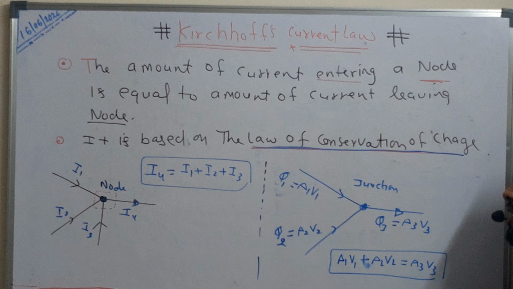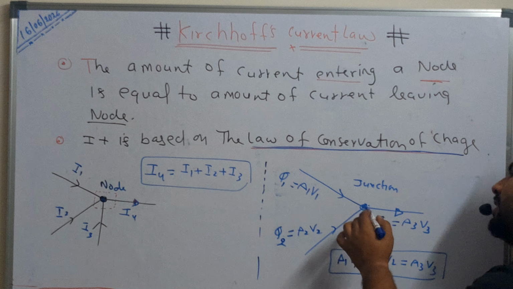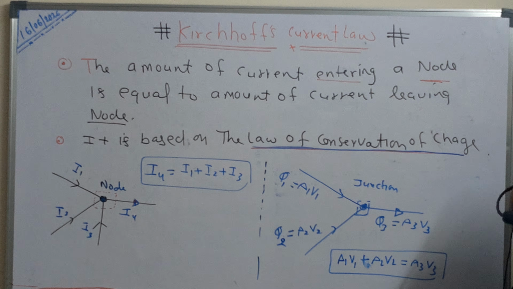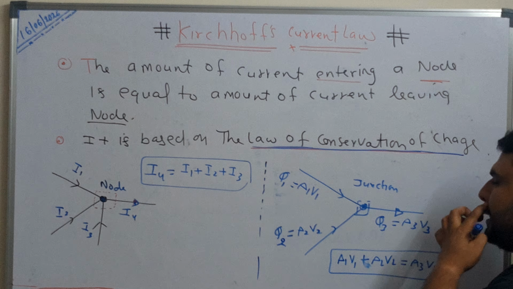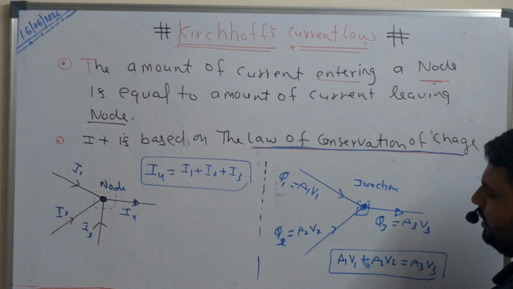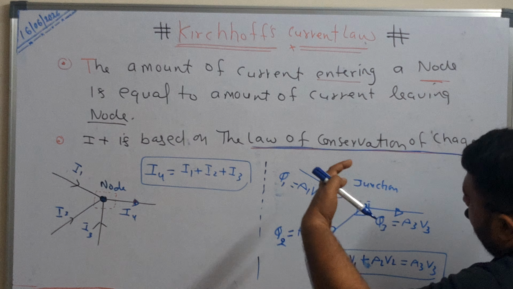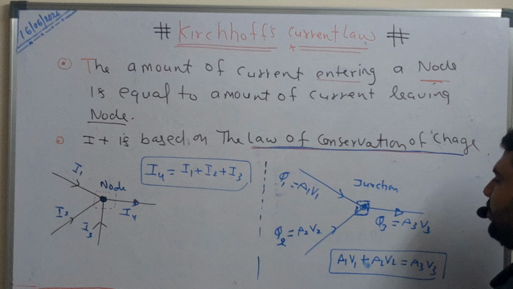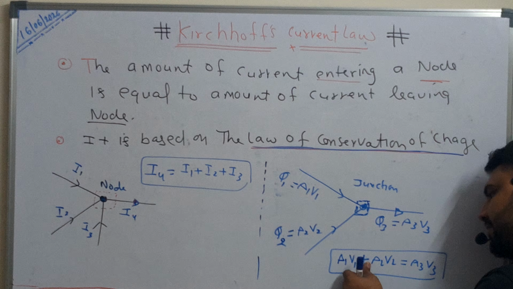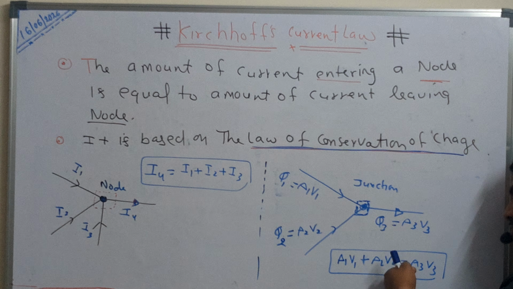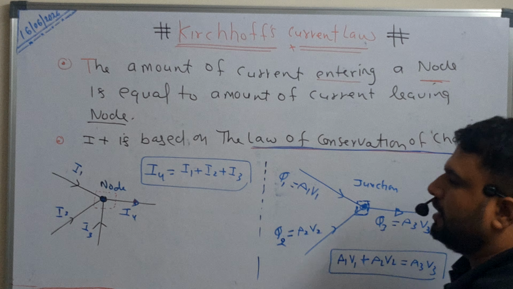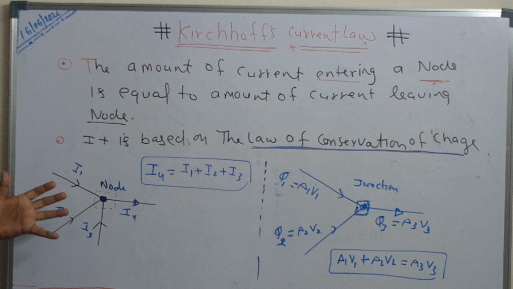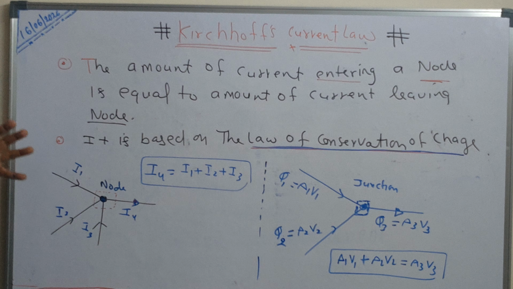And there is no mass accumulated at the junction point where all the pipes meet. Mass will not accumulate at the junction point, and that's why we can use A1 V1 plus A2 V2 is equal to A3 V3. The similar concept applies here also: when current flows in a wire, it means rate of flow of charge.